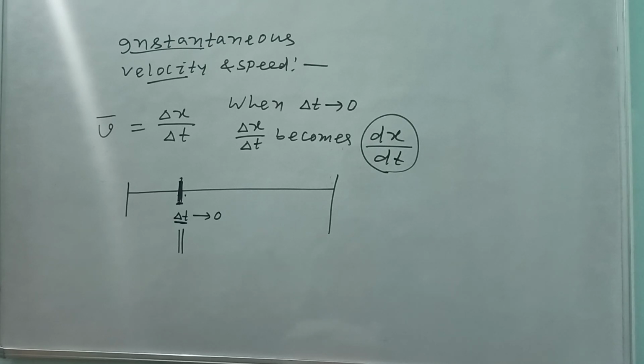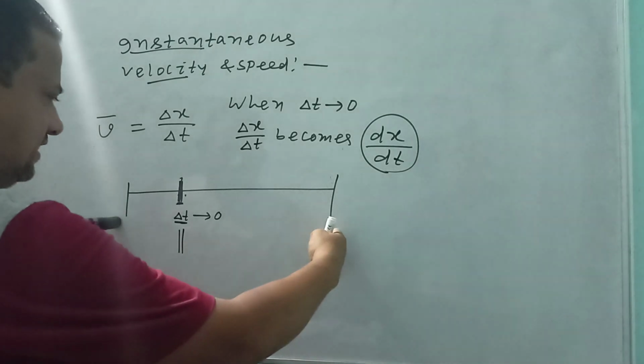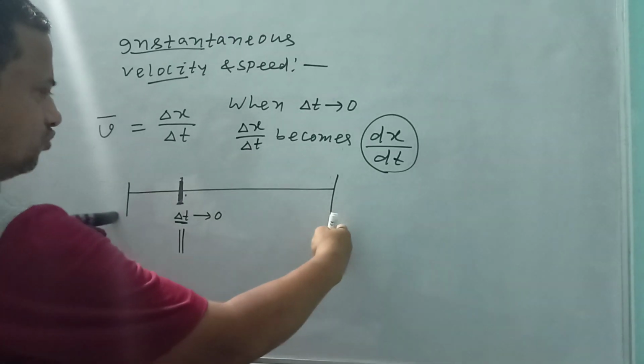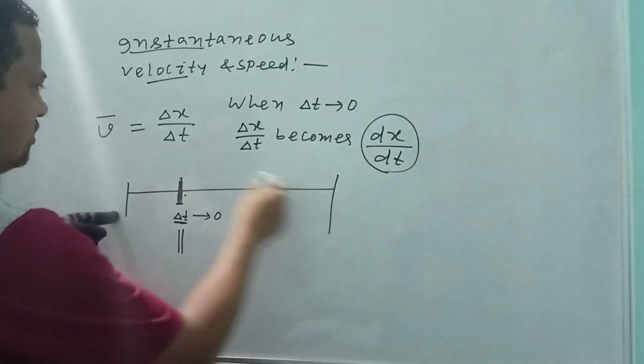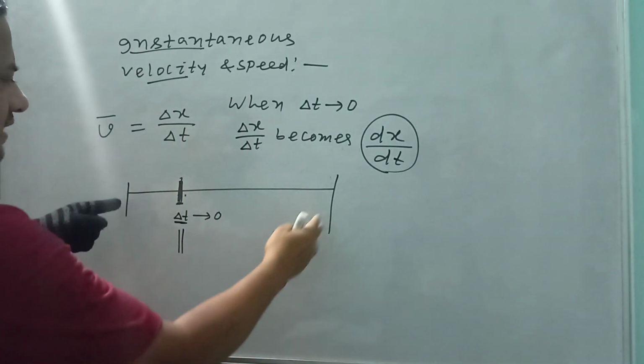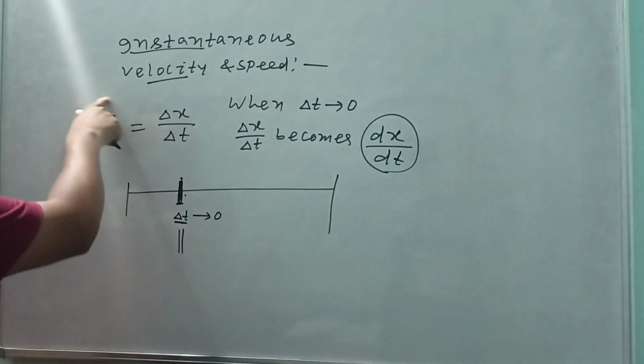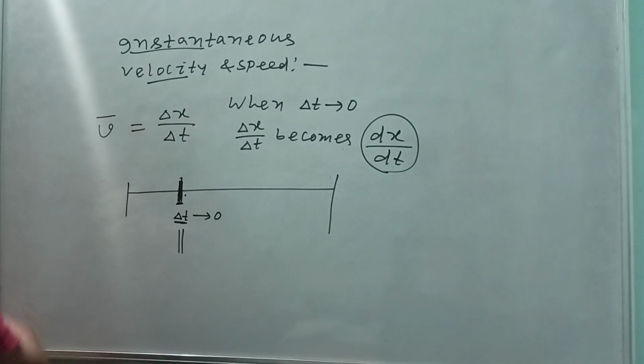So what you have to remember? If time interval is big, I mean between these 2 points, if you take time interval delta t, then you are finding out average velocity.